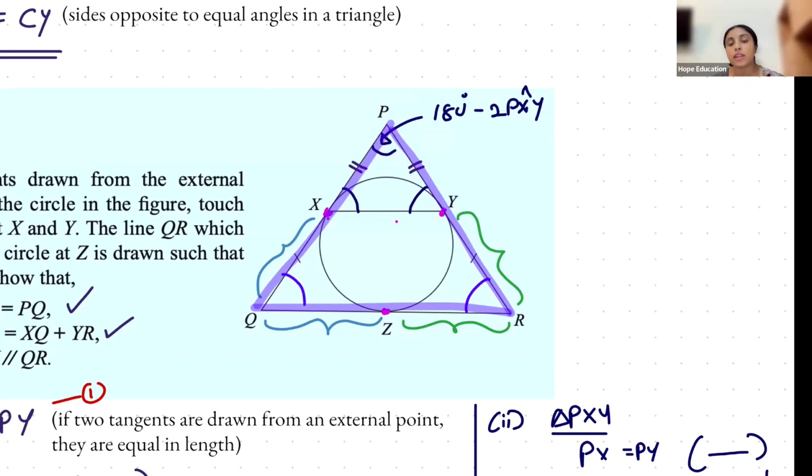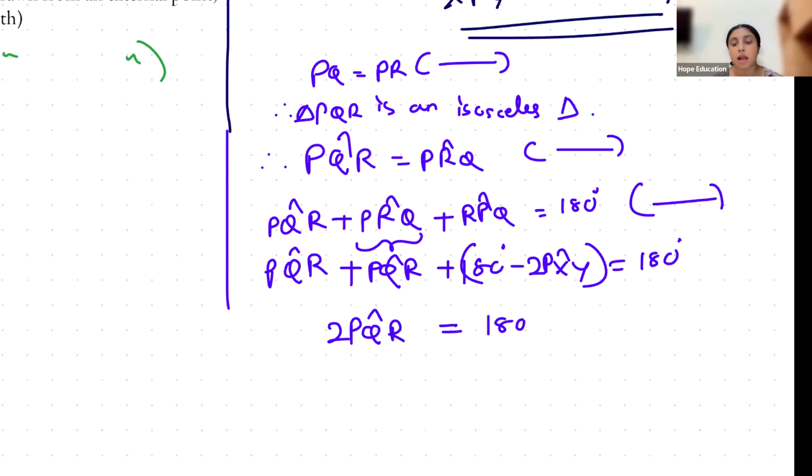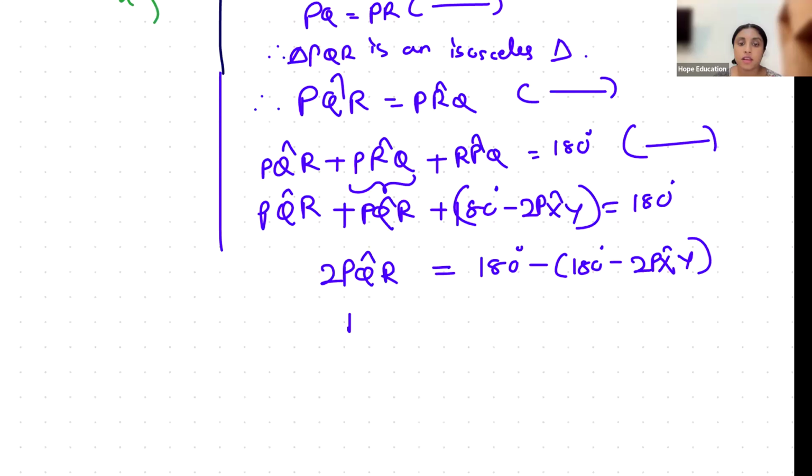So instead of RPQ I write 180 minus 2PXY, equals 180. So PQR plus PQR is 2PQR, plus 180 minus 2PXY equals 180. This whole thing, I bring to the other side, it becomes minus 180 minus 2PXY.